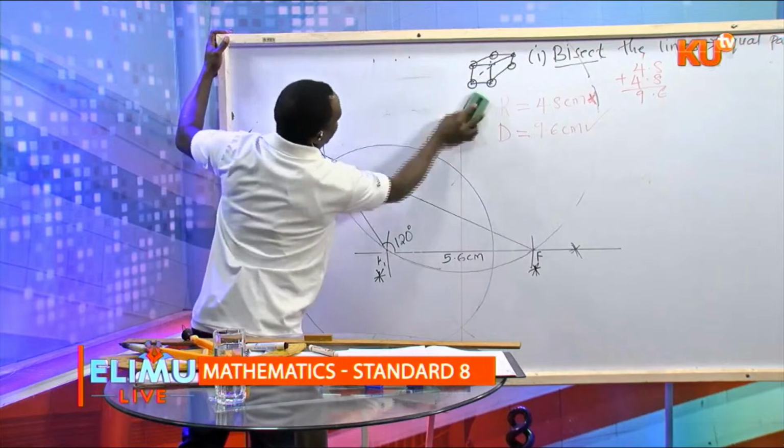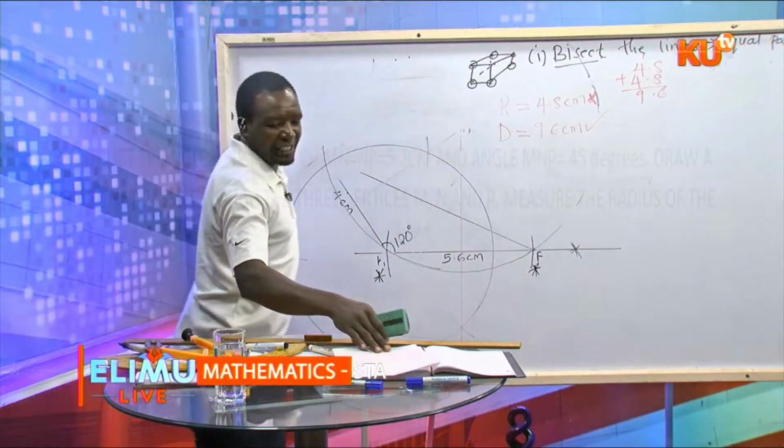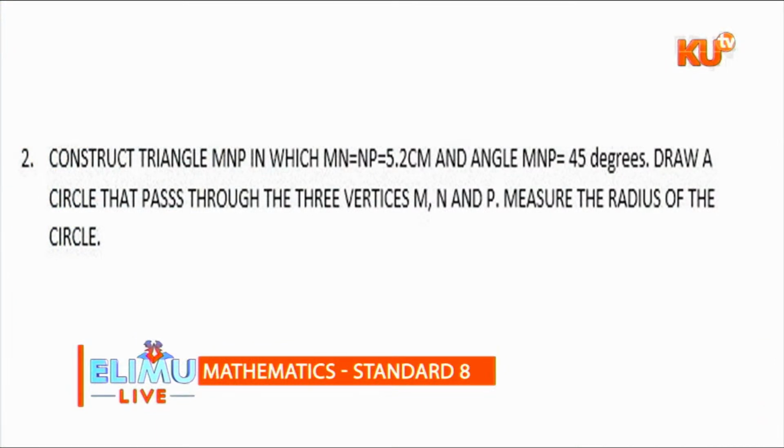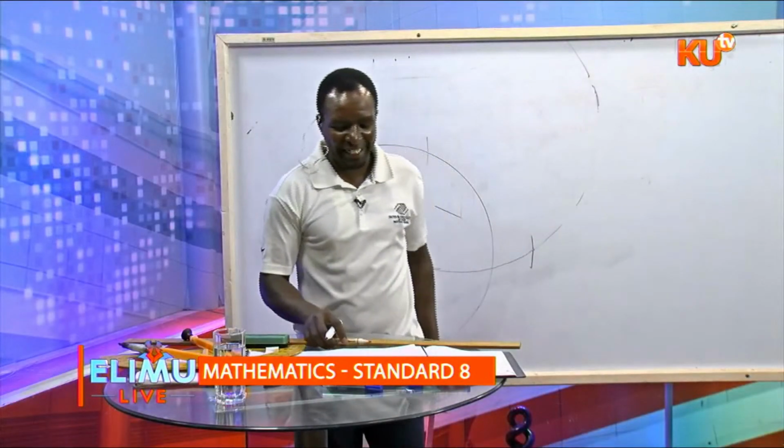And our question reads: construct triangle MNP in which MN is equal to NP is equal to 5.2 centimeters, and angle MNP is equal to 45 degrees.